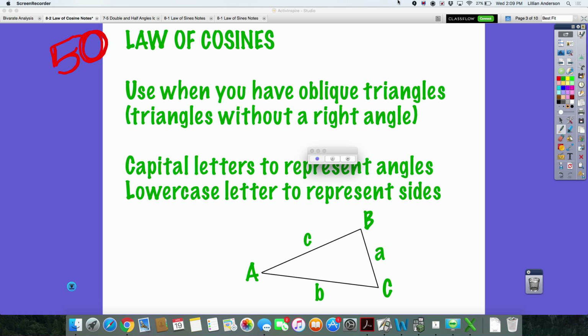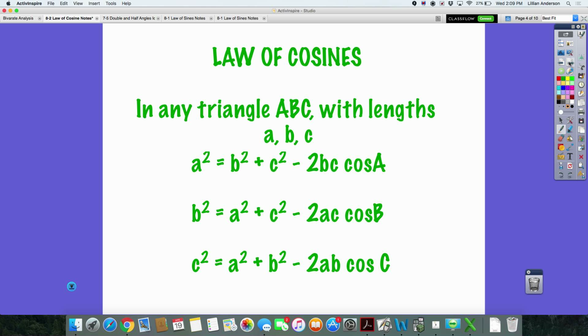And just like I talked about yesterday, when you have a triangle, capital letters represent the angles and lowercase letters represent the sides. We talked about that on Monday as well. What is the law of cosines? Well, it is on this reddish color paper that you guys got. It is this formula of a squared equals b squared plus c squared minus 2bc cosine A. Now realize that the other two formulas on here are basically the exact same thing.